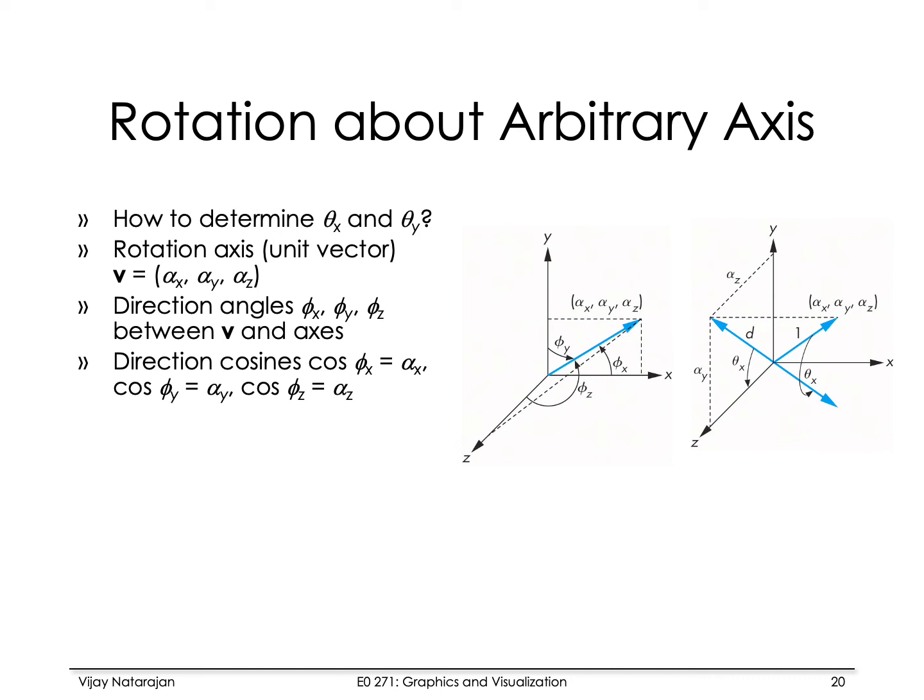And this angle is theta x. So you can write down cosine and sine of theta x in terms of alpha y, d, and this length, which is essentially alpha sub z.